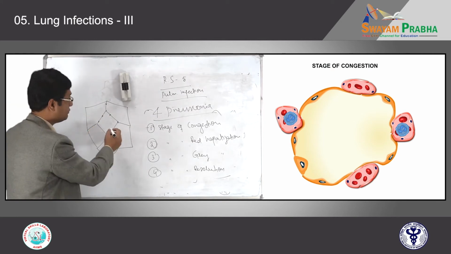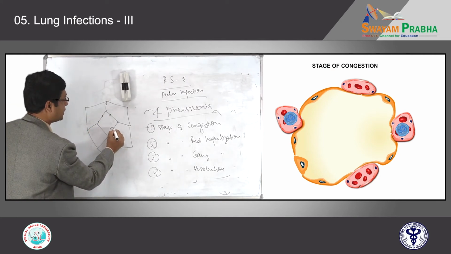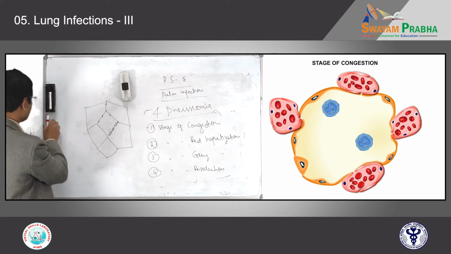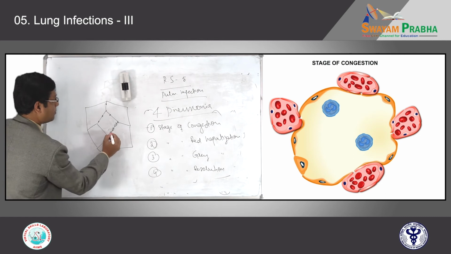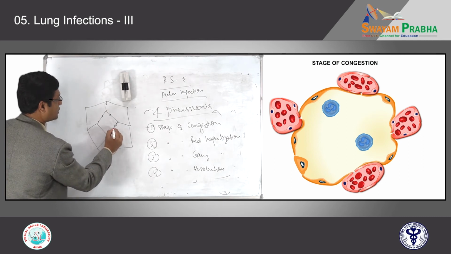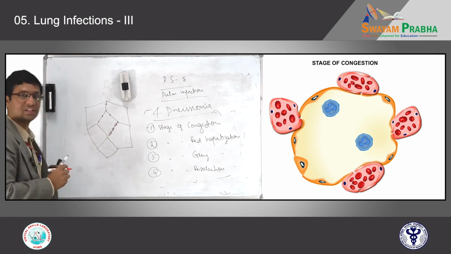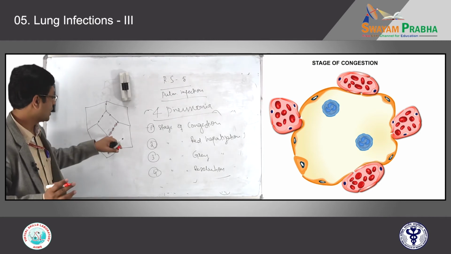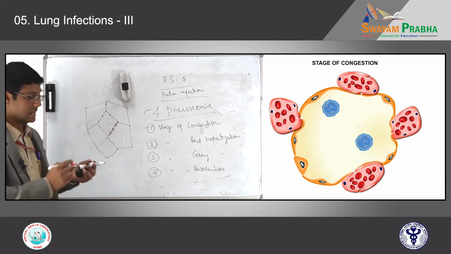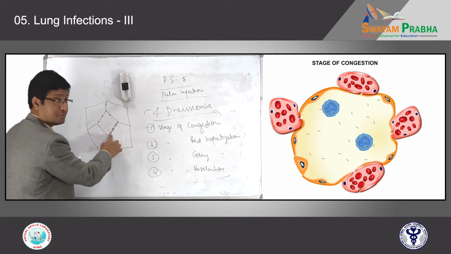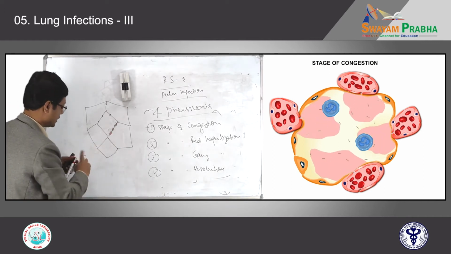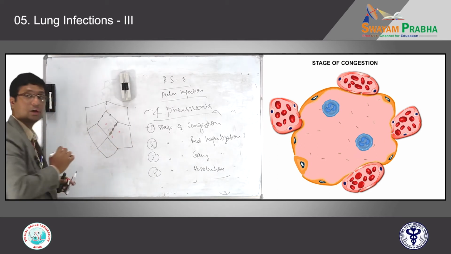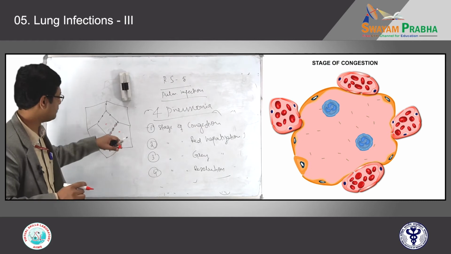When there is inflammation, these septal capillaries become engorged, enlarged and filled up with RBCs, red blood cells, and a small part of the fluid may exude and accumulate in the alveolar lumen. A small part. This is the first stage.